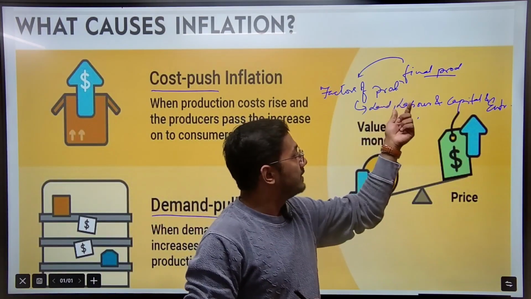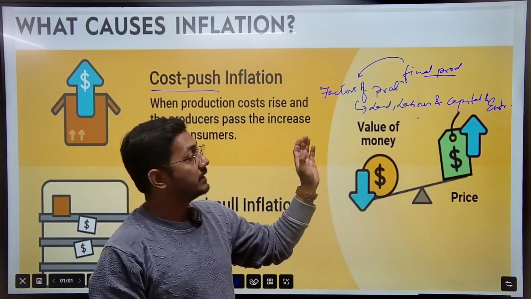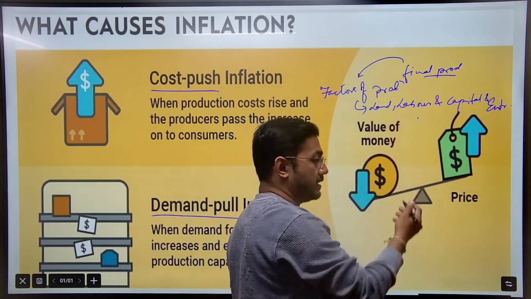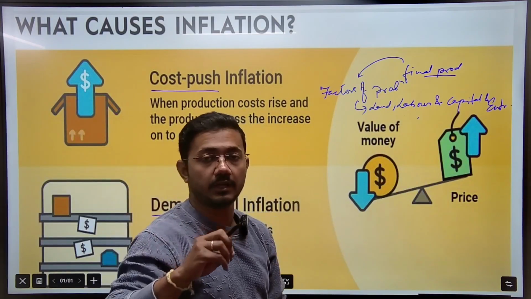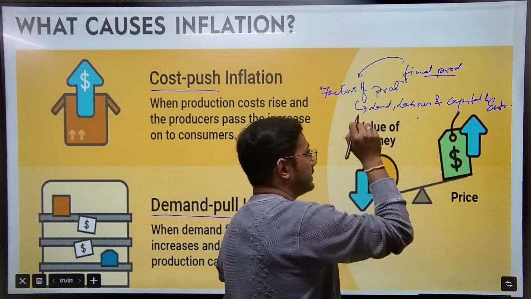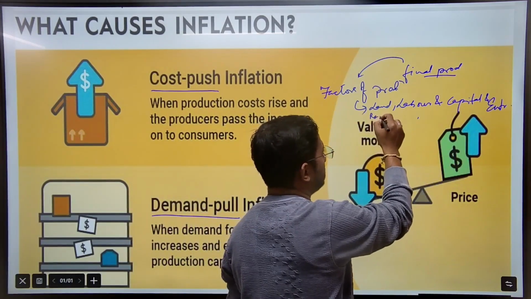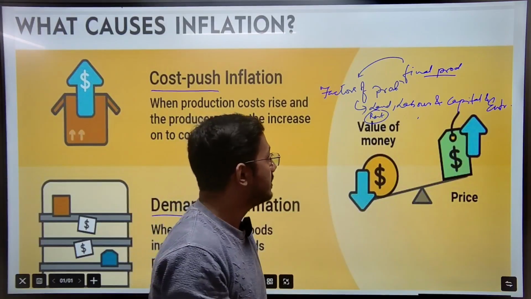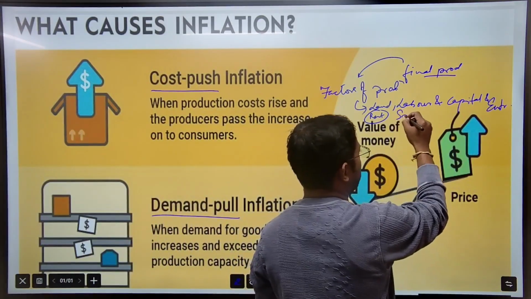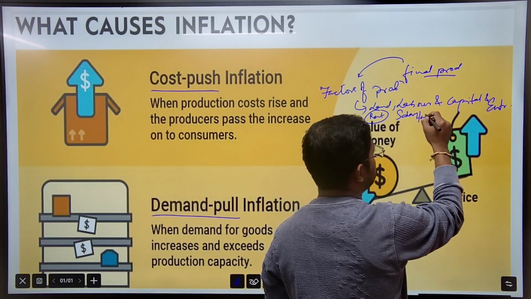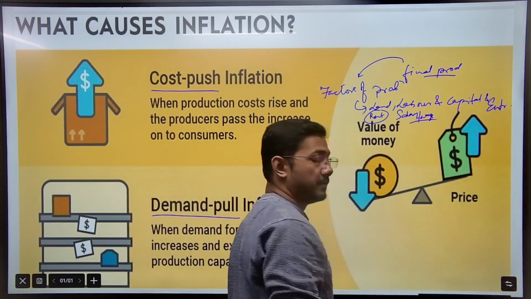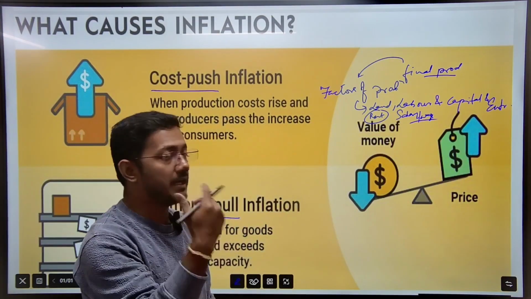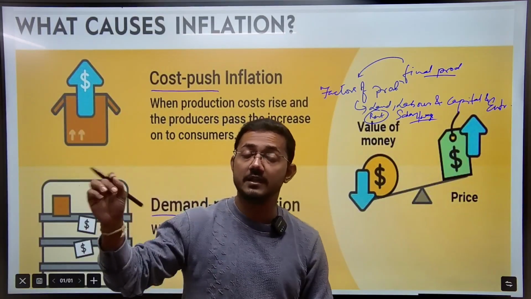So, when the cost of a factor of production increases, for example rent, wherever the final product is produced, the rent of that building or that plot has increased, or the labor charge, that is salary or wages charged by the labor, has increased, then that will ultimately impact the price of the product.